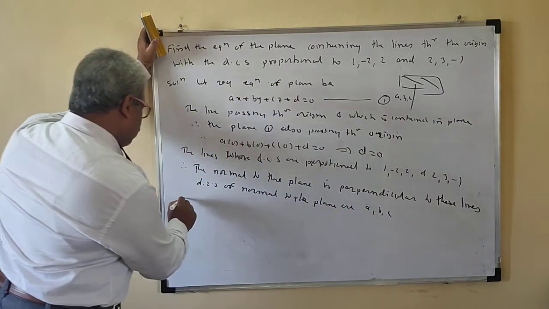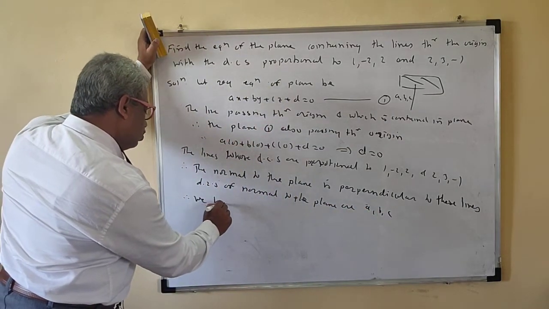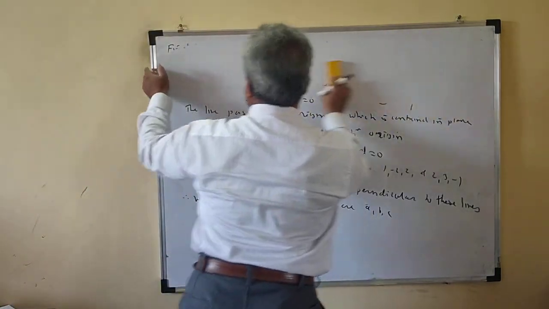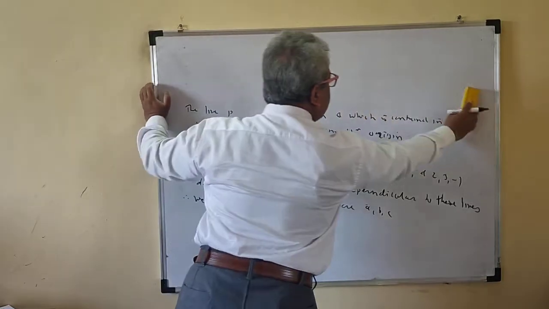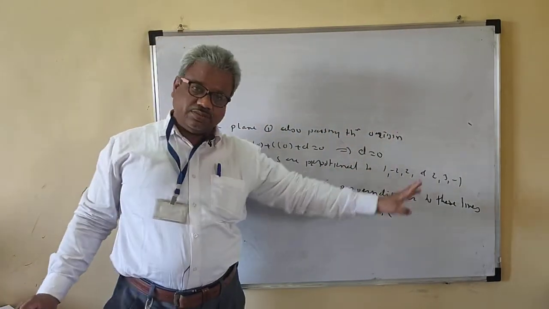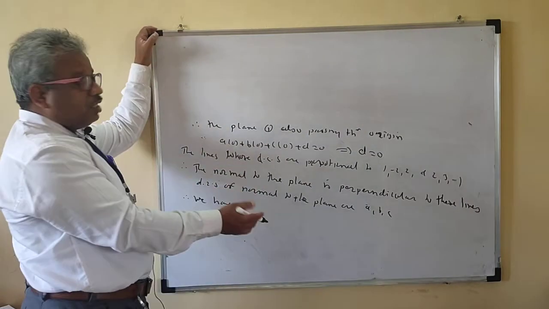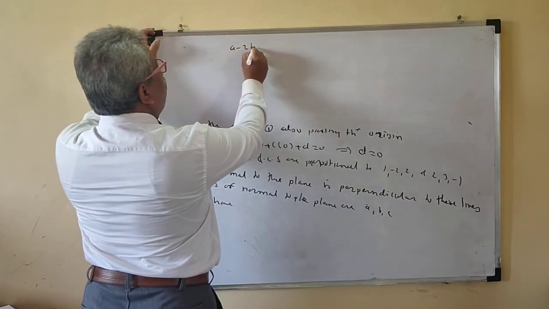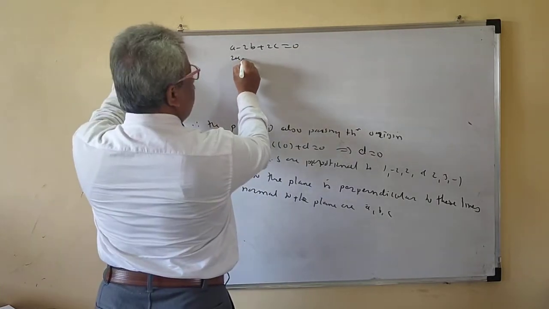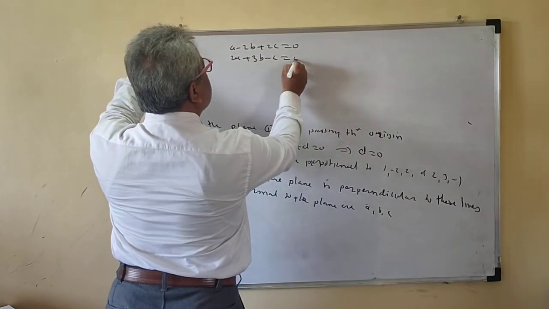So this normal is perpendicular to the lines whose direction ratios are these. That means the dot product is 0. That means A minus 2B plus 2C is equal to 0, and 2A plus 3B minus C is equal to 0.